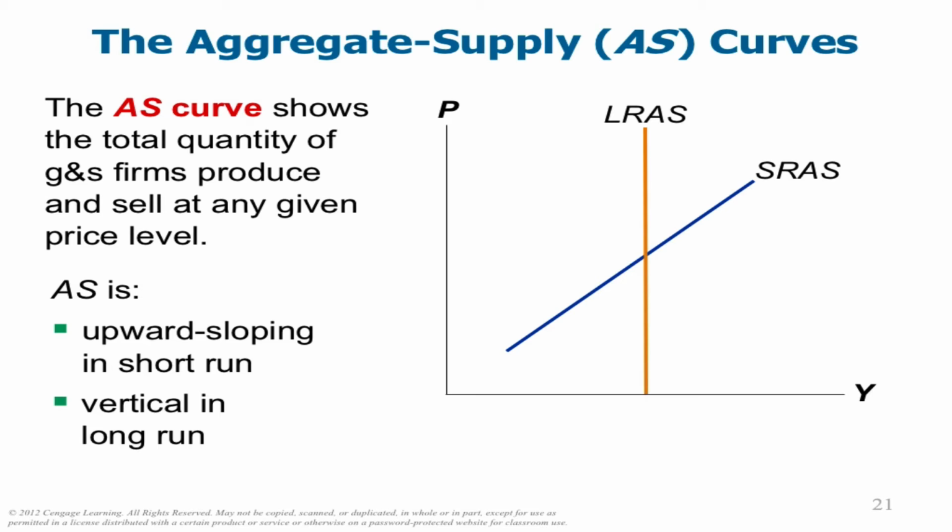I have no clue. You're trying to draw connections. So price is going to change with the Y. Does that mean that in the long run, price change doesn't affect GDP?